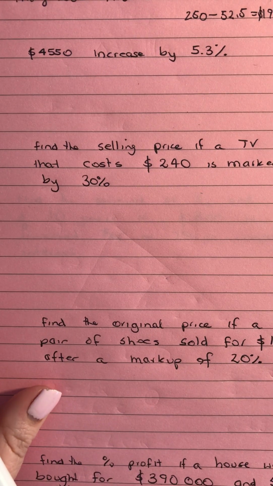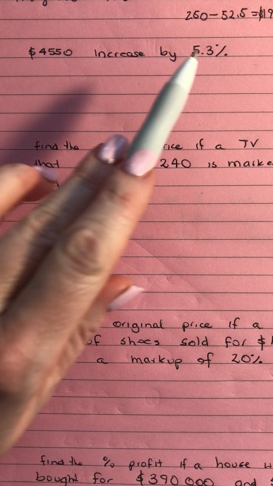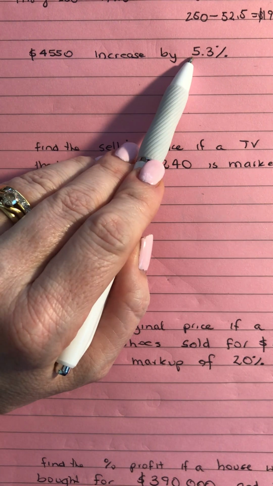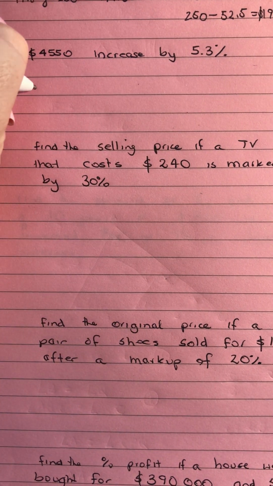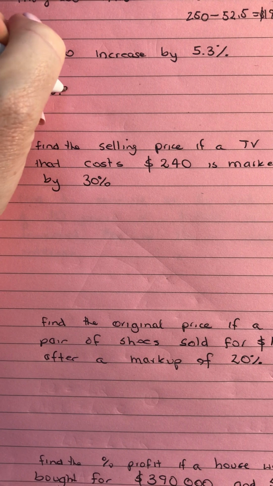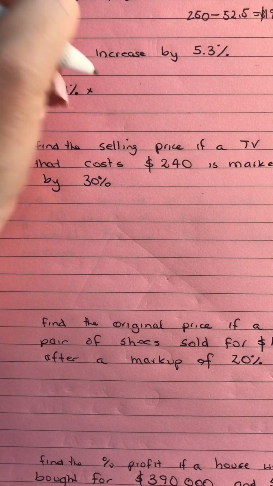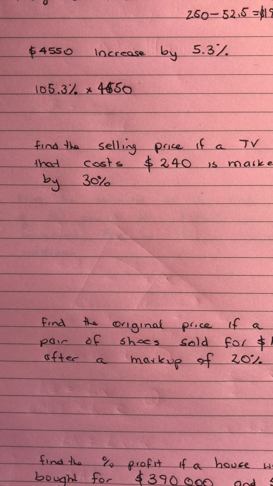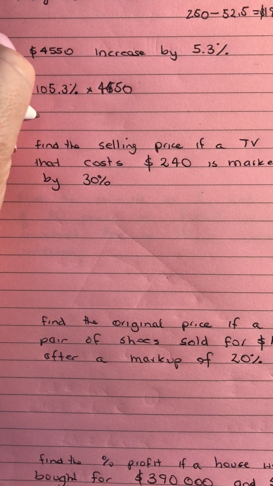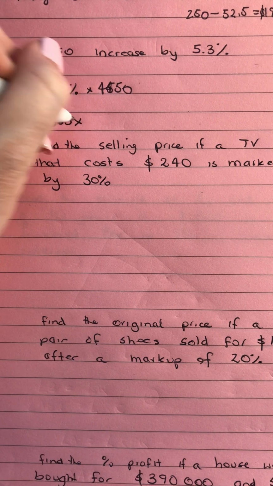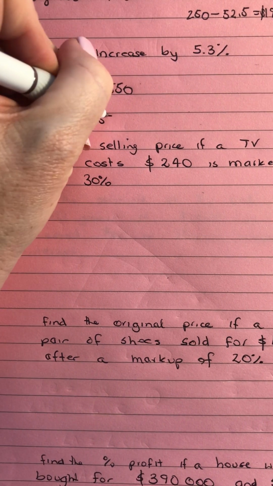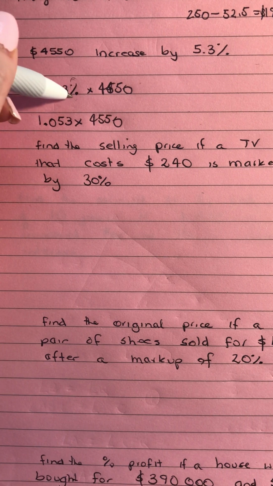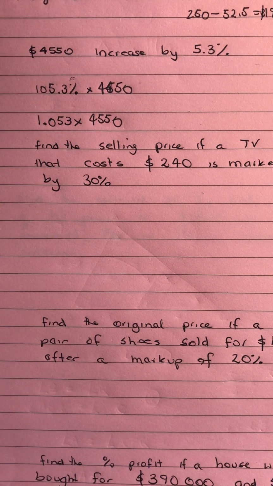Then we've got our 4,550 increasing by 5.3%. Again, a couple of ways we can do it. We can say that we've got 105.3% multiplying by the 4550 on our calculator using the percentage button, or we can change that to a decimal and have 1.053 multiplying by 4550. So just seeing the difference there, this is where we're using the percent button in our calculator, or we're using it as a decimal.